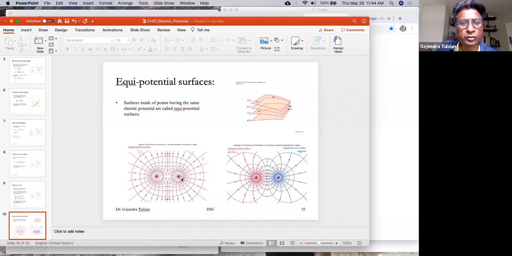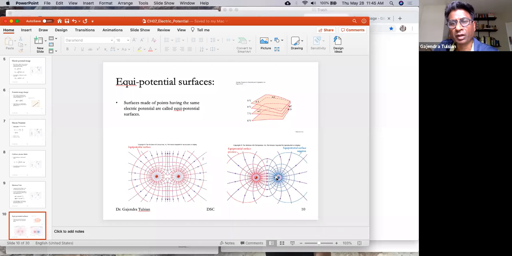Here are two positive charges, and the red lines are equipotential surfaces, and you can see the electric fields are always perpendicular to equipotential surfaces. From the direction of the electric fields, you can surmise that this surface is at a lower potential than this surface, which is at a lower potential than this surface, and so on.